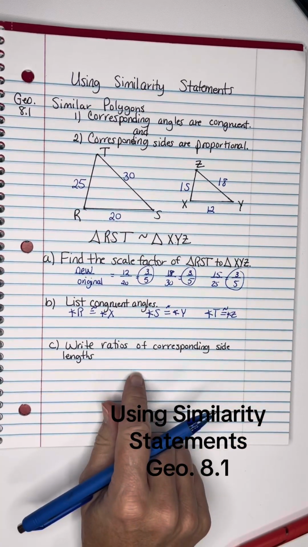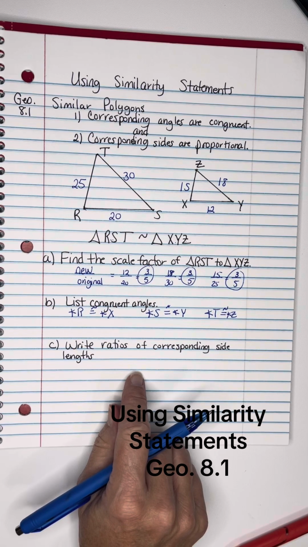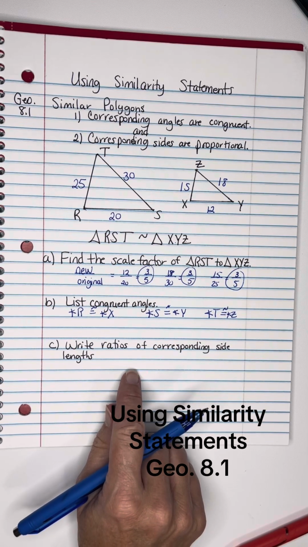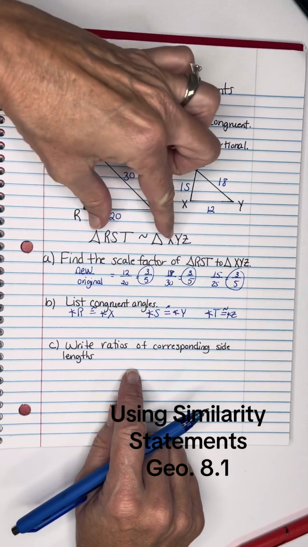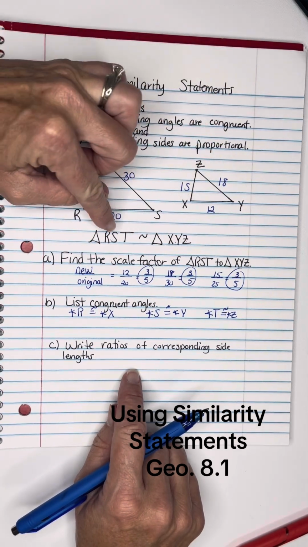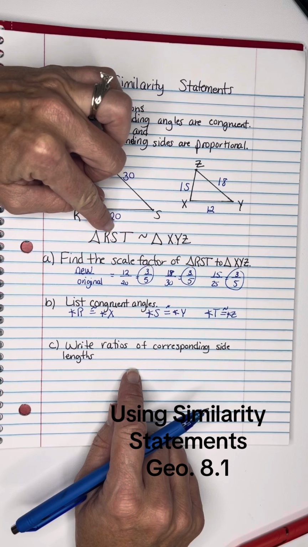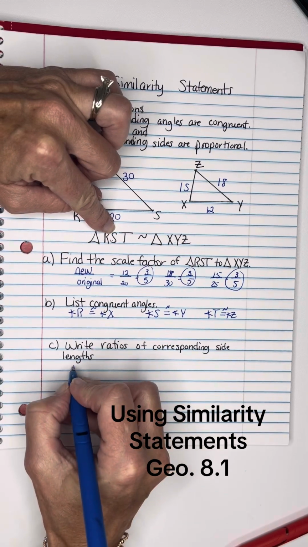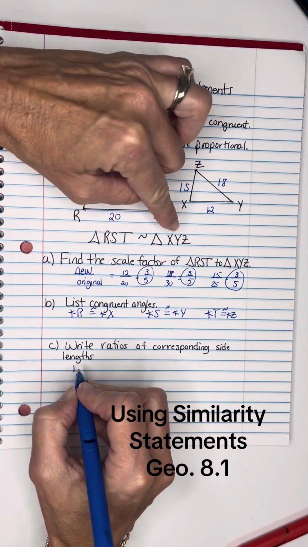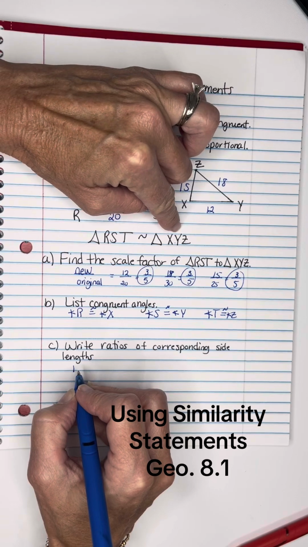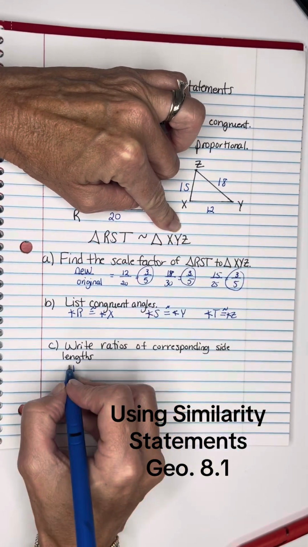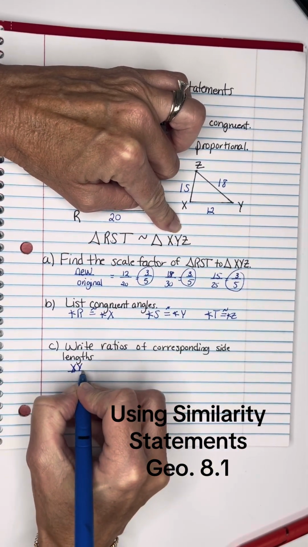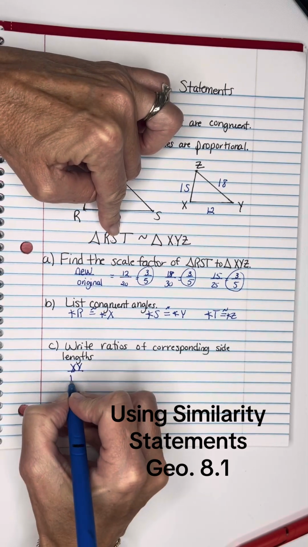Now they want us to write ratios of the corresponding side lengths, and I'm just going to use this. That way I don't get any of the letters backwards. RS. Let's see. No, let's do the small figure on top. So XY is in the same place as RS.